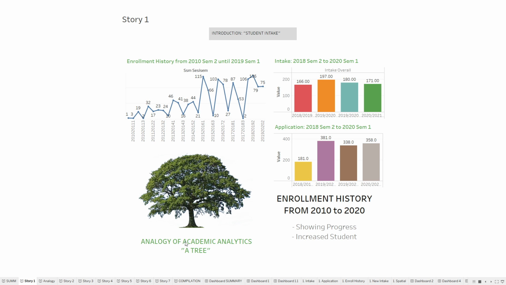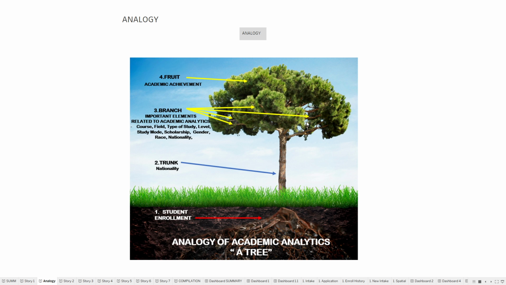And then the analogy of the academic analytics can be seen here as a tree. This is the analogy on the scenario. There are four elements: the student enrollment, focusing on the intake, then the trunk, focusing on the nationality of the intake, and then the branches, which have the important elements related to the academic analytics.